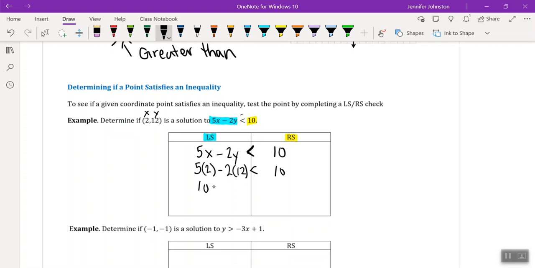Okay, here we get 10 minus 24. And 10 minus 24, that's going to give us negative 14. And is negative 14 less than 10? It sure is. So the point (2, 12) satisfies the inequality.